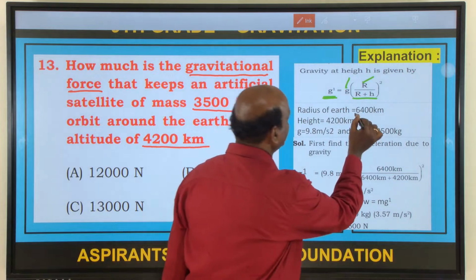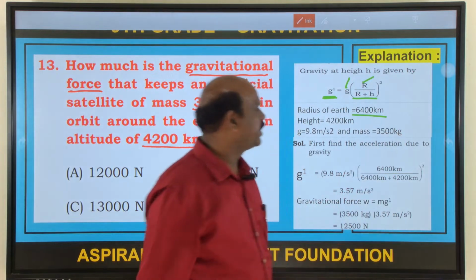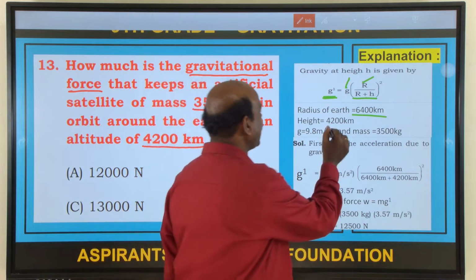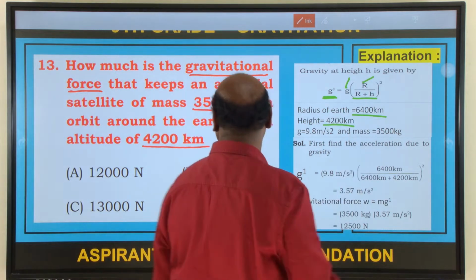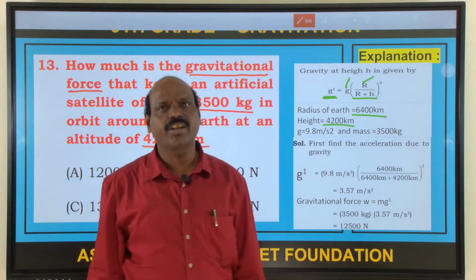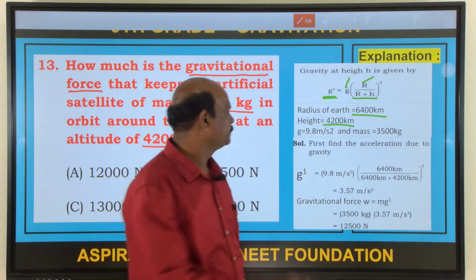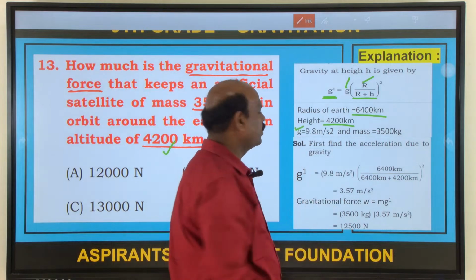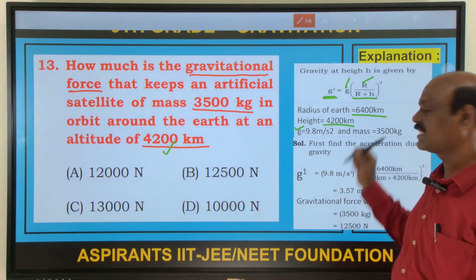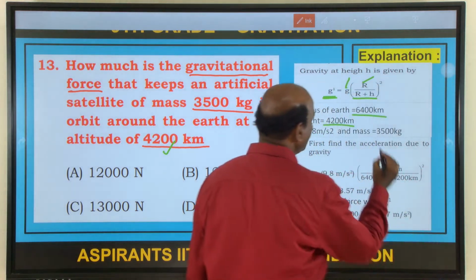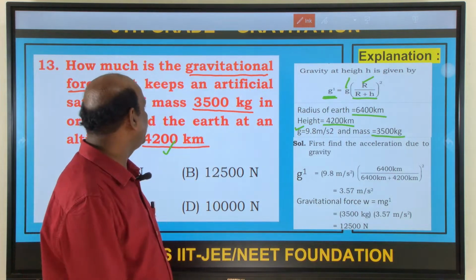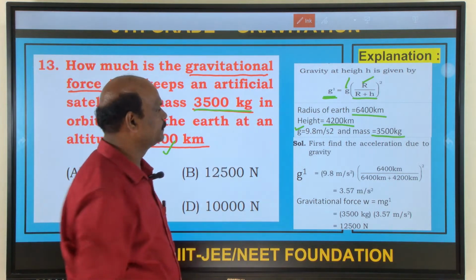Now, the radius of the Earth we know is 6,400 kilometers, and the altitude is 4,200 kilometers. As you already know, the g value is 9.8 meters per second square, and the mass of the body is 3,500 kilograms.